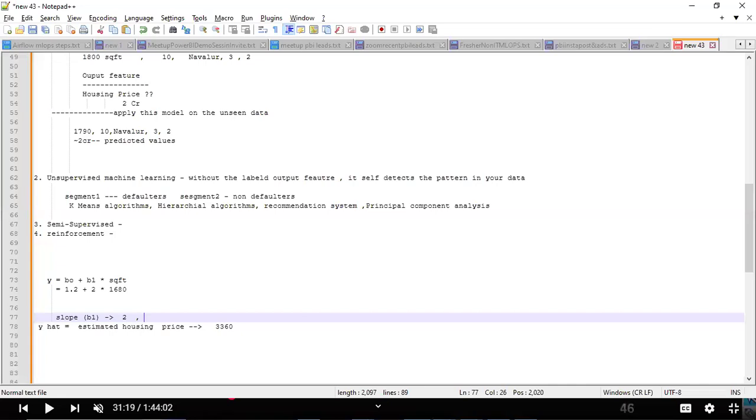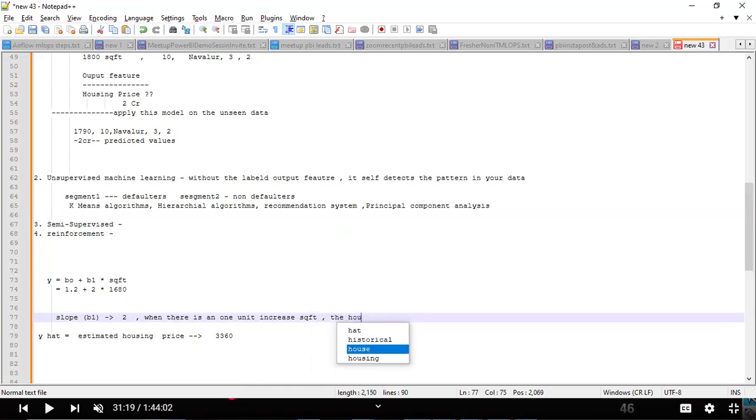When there is a 1 unit increase in square feet, the housing price is expected to increase by 2 times. Correct? That's what is happening.